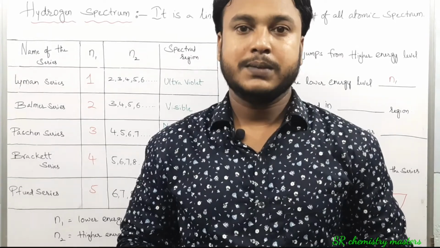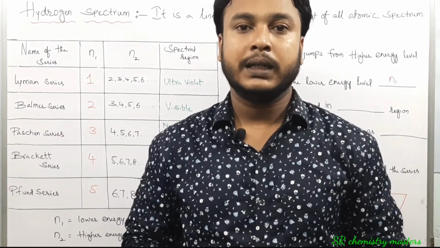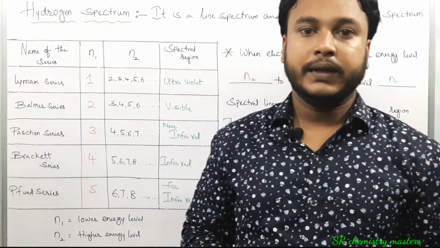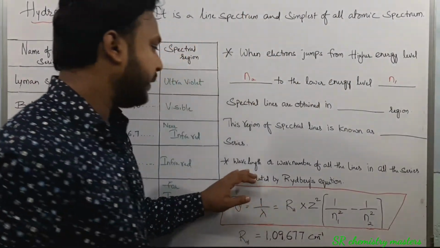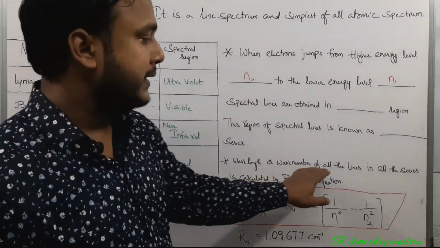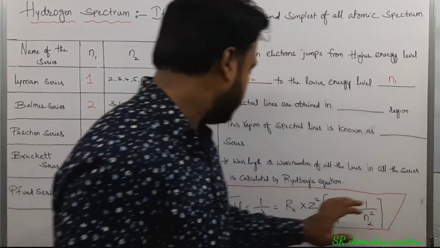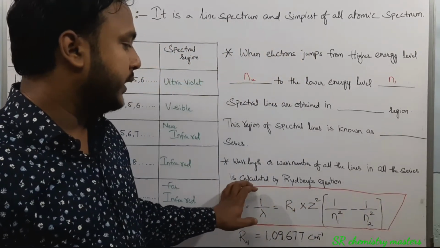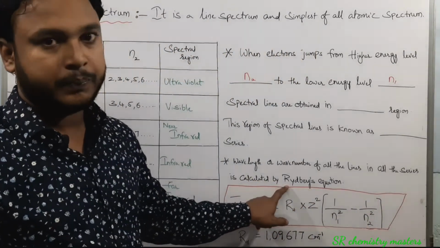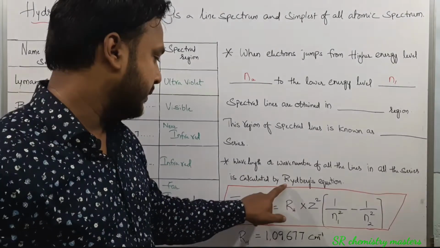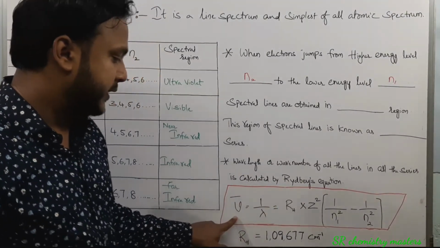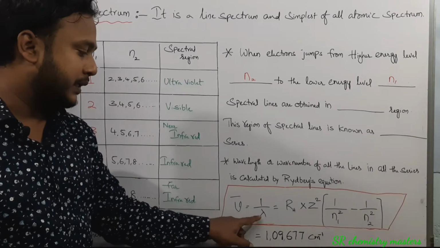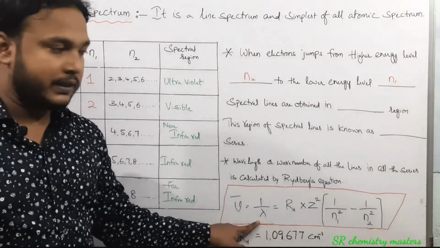The hydrogen spectrum is a line spectrum, and it is the simplest of all the atomic spectrums. We can calculate the wavelength or wave number of all the lines in all the series by using Rydberg's equation. We have an equation: mu bar, that is the wave number, or 1 by lambda, where lambda is the wavelength.